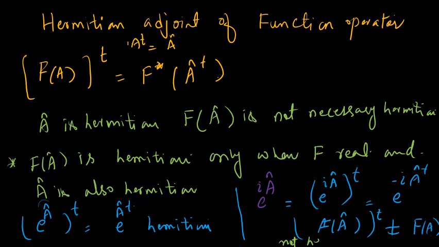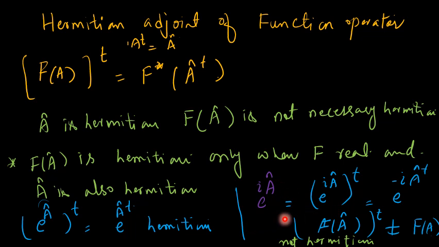It is not Hermitian. Why is it not Hermitian? It is not Hermitian because this function is not a real one. It is a complex one. But in the earlier case, the function is real and A is also Hermitian, so that function operator f of A is Hermitian. Here, f of A is complex, not real.